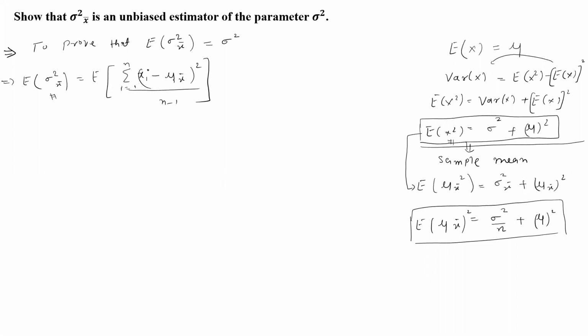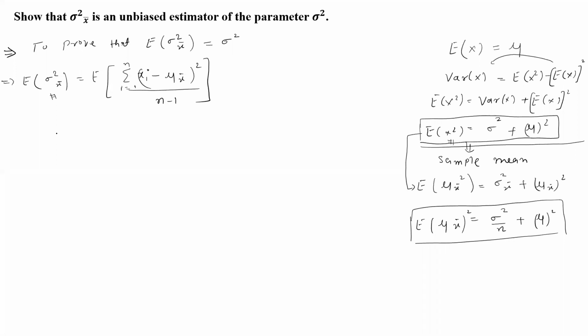Because it is an unbiased estimator, I have used n minus 1 here. If I use n, then I'm talking about a biased estimator.